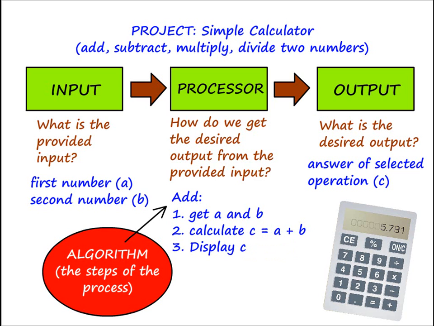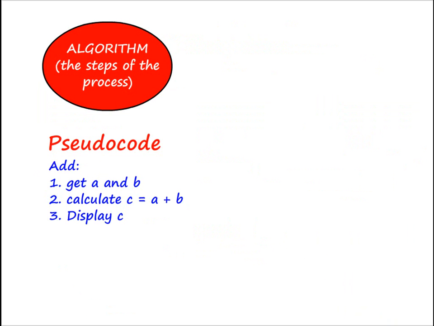In doing a multiplication button, it's basically going to be the same thing, except rather than adding the two numbers together, I'm going to multiply the two. Now that process, or that algorithm, is represented here by pseudocode. Pseudocode is not true code. It's simply English language that says, here are the steps I need to go through to get from point A to point B, or to get from the input to the output.